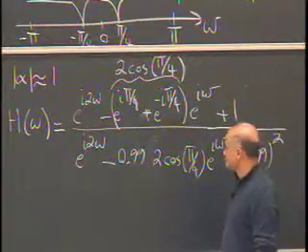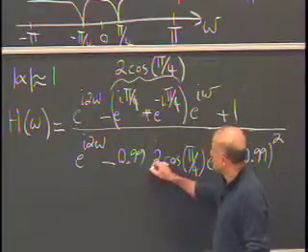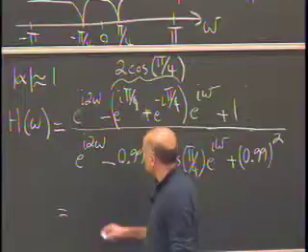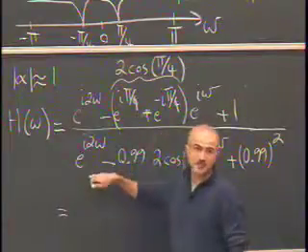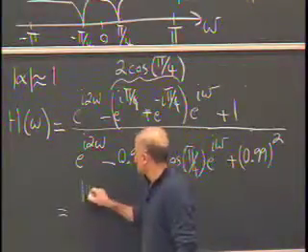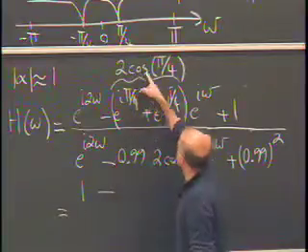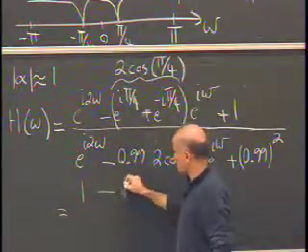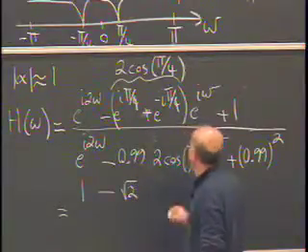We multiply both the numerator and denominator by e to the negative I 2 omega. Multiply top and bottom by e to the minus I 2 omega. So you get 1 minus, let's simplify this, 2 times root 2 over 2. That's root 2. Times what?